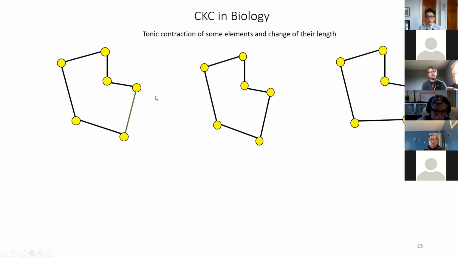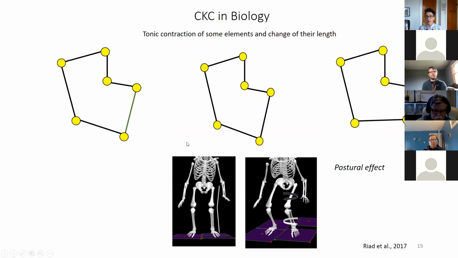Moreover, the fact that some of the links in a closed kinematic chain are muscles, and muscles can contract, is the postural effect of biological closed kinematic chain. So a certain contraction or lengthening of one link defines how all the other components of a chain will move in 3 dimensions.